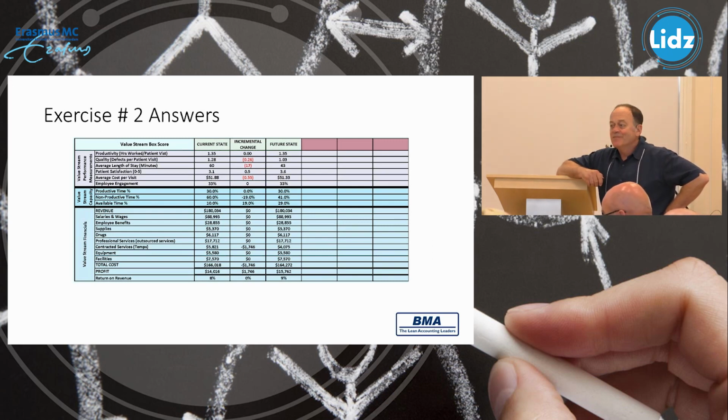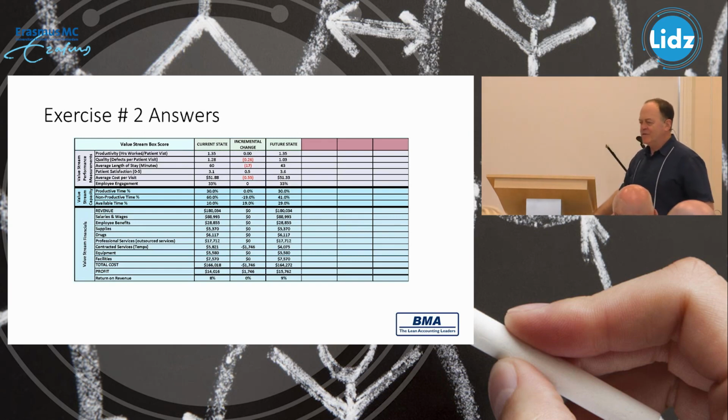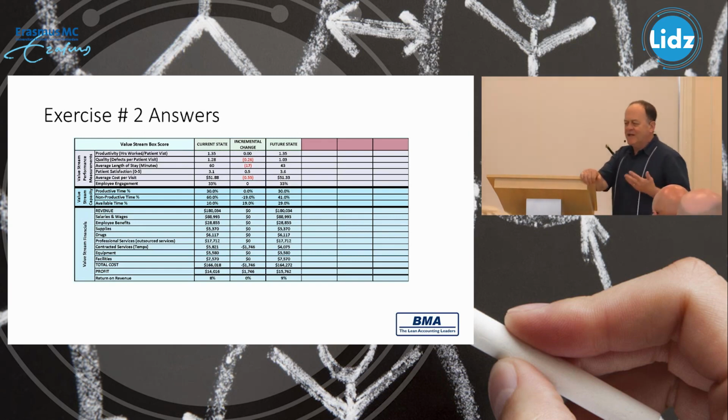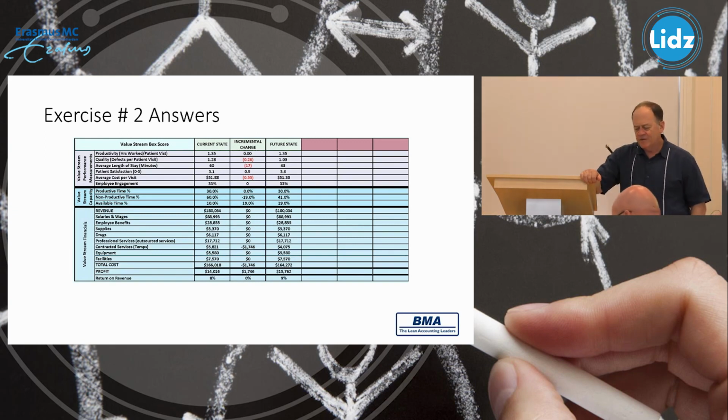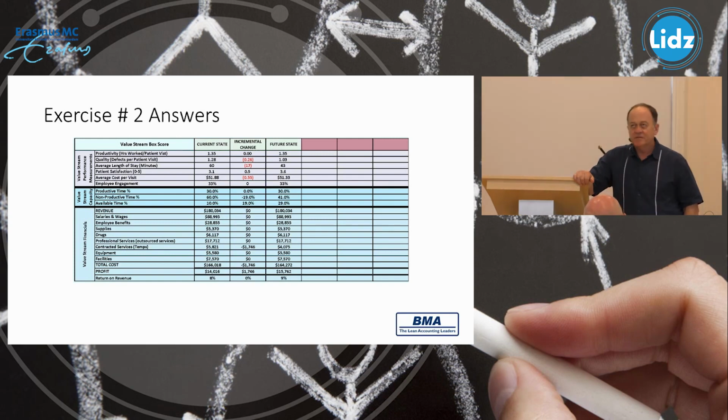How did you measure the employee engagement? It's a given, it's just in there. If you're looking at how it can be measured, there are different ways. One is the number of events per person.